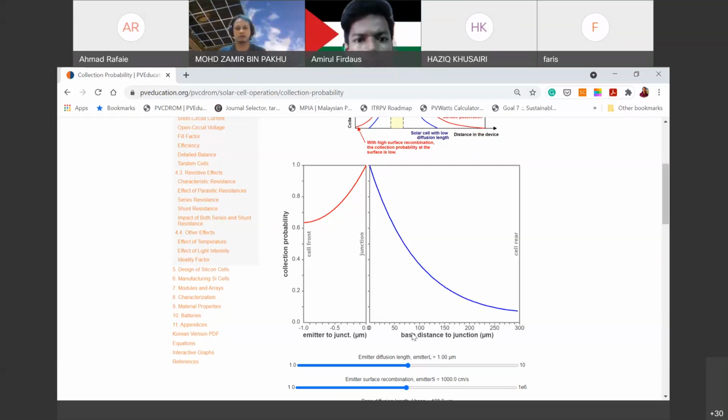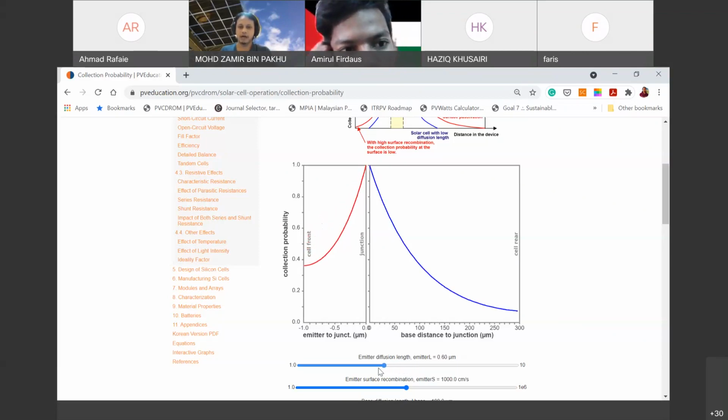Okay. So what if you play with the emitter diffusion length? Let's look at this. On the graph on the left hand side, the dimension on the x-axis, emitter to the junction is about 1 micron, right? Negative 1 micron to the left to 0, so that's about 1 micron thick, more or less. So if you play this animation, if we reduce the emitter diffusion length, let's look at the collection probability.